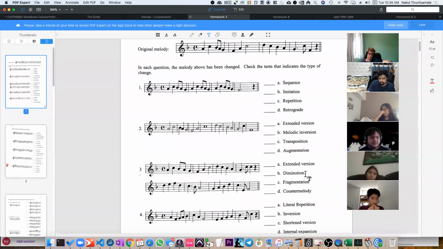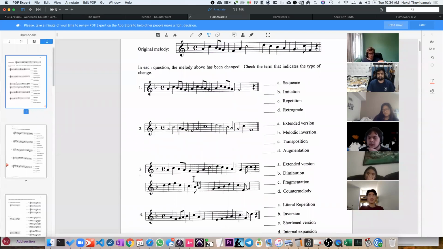So my first instinct is that this might be an extended version, but let's just think about what it's not. Diminution. Is this somehow being halved in value? Is it doing this? No, it's not doing that. It's not getting faster by taking these rhythmic values and squashing them into half the duration. Is it fragmenting? I think not.